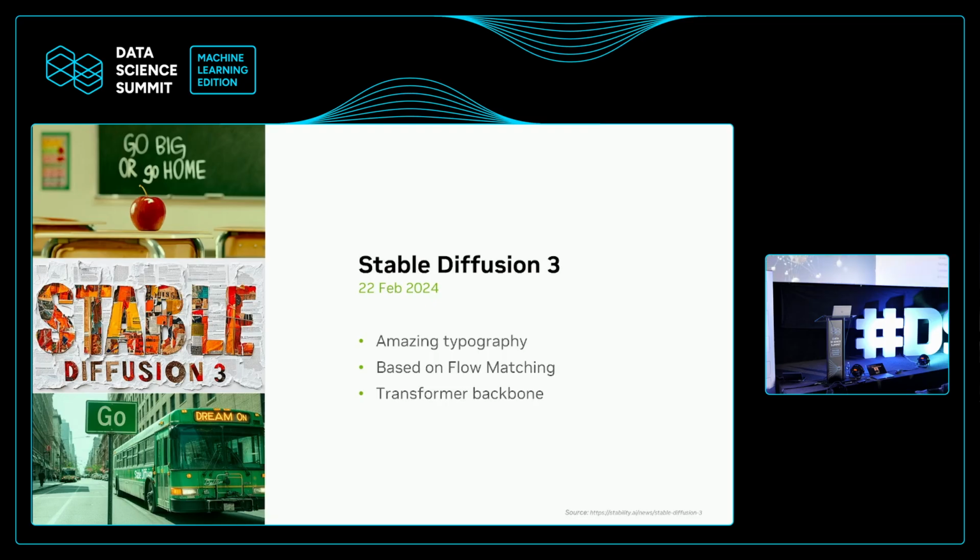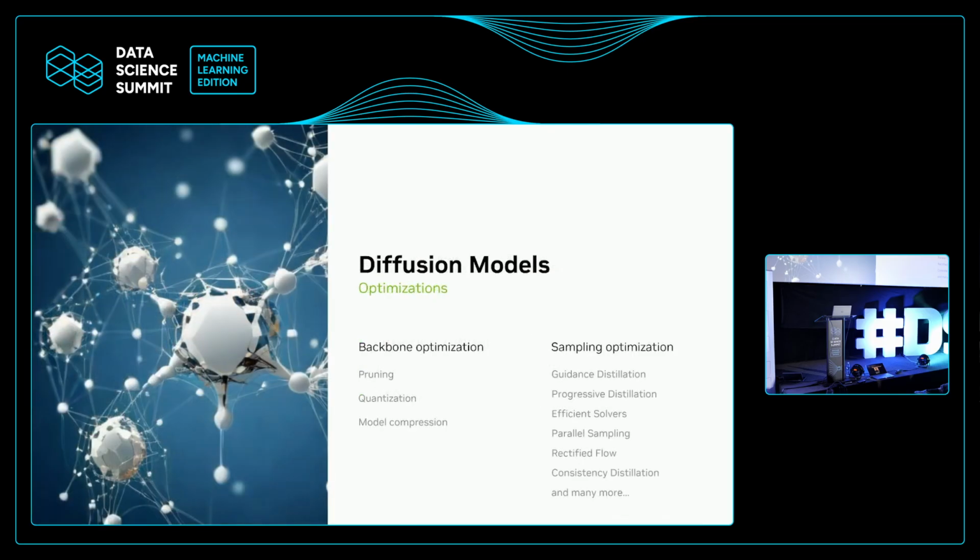I mentioned before the main problem is their long generation time. There are a lot of optimizations that we can use. And basically, there are 2 types of optimizations. First of all, we can optimize the backbone itself, so each of the diffusion steps can be faster.